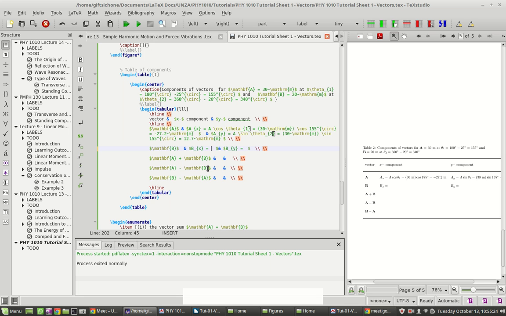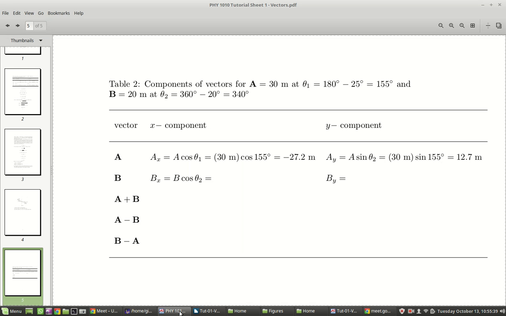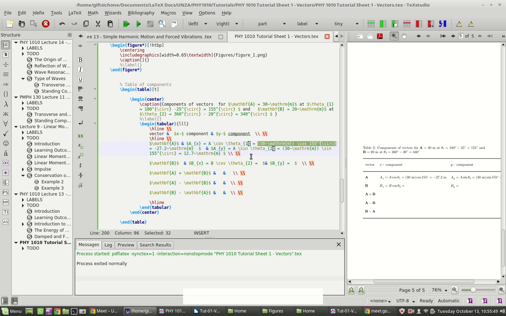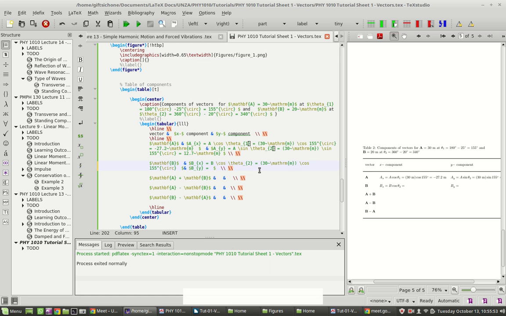The magnitude of vector B multiplied by the cos of the angle it makes with the positive x-axis. How much is B? 20 meters.